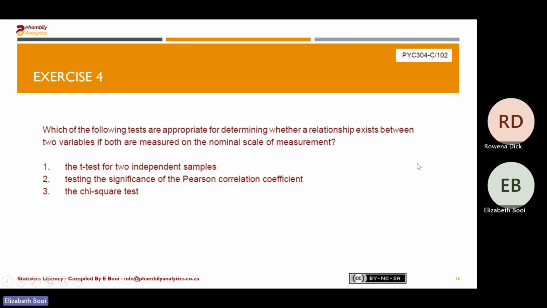Number 4. Which one of the following tests is appropriate for determining whether a relationship exists between variables if both are assumed on a nominal scale?